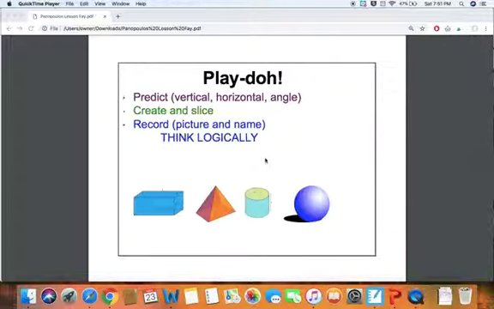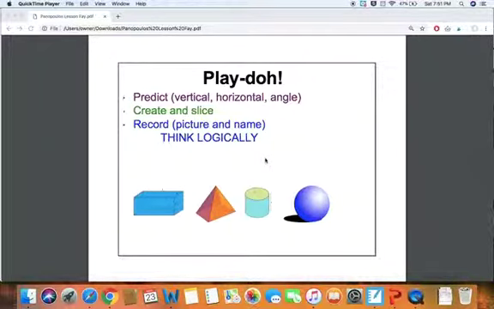Then maybe think the same idea. If we were to do it horizontally, would it be the same? Would it be different? And then if we were to do it diagonally, at any kind of angle through this shape, what two-dimensional shape would result as the cross section of that figure?